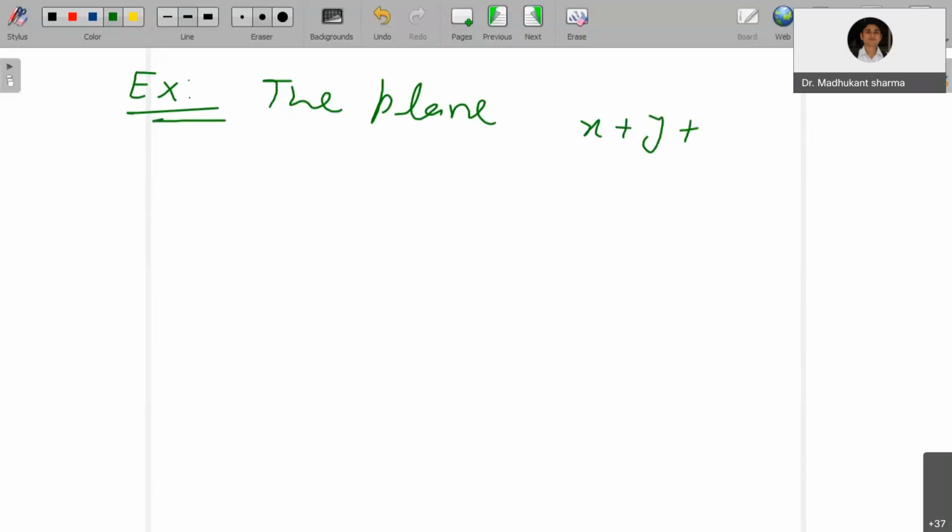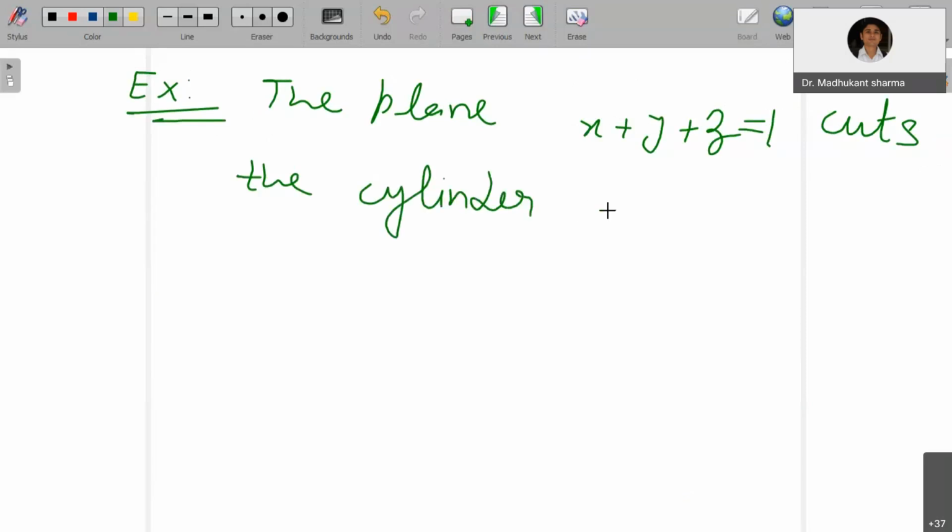Let's take one example. The plane x plus y plus z equals 1 cuts the cylinder x squared plus y squared equals 1 in an ellipse.